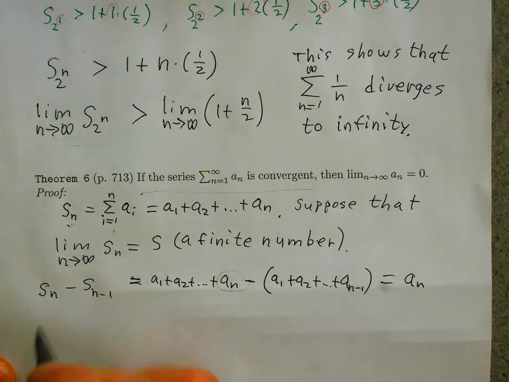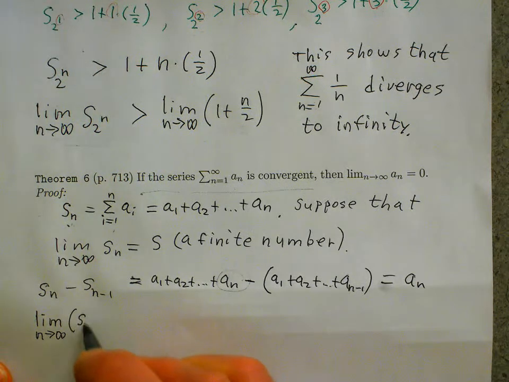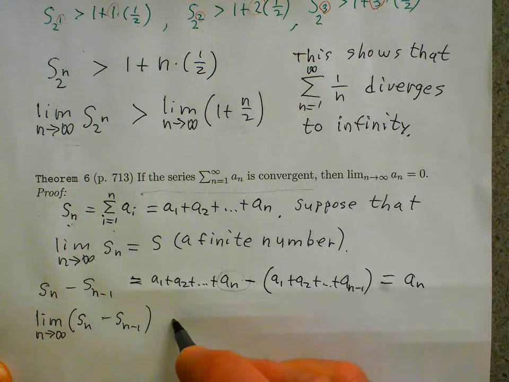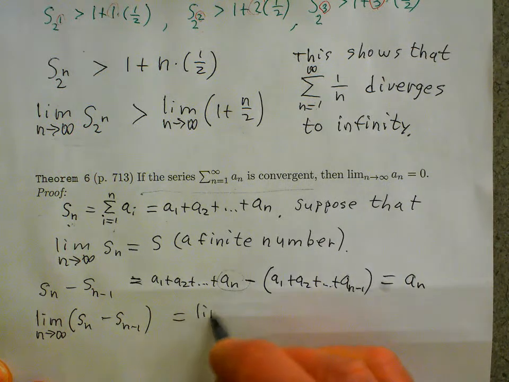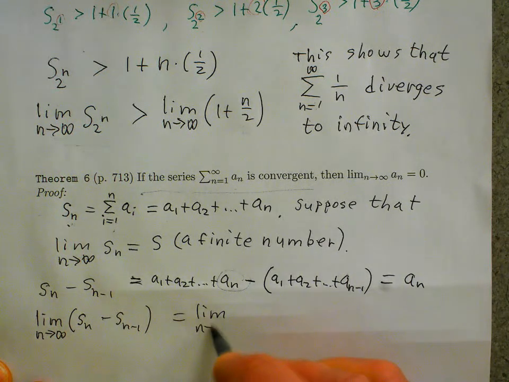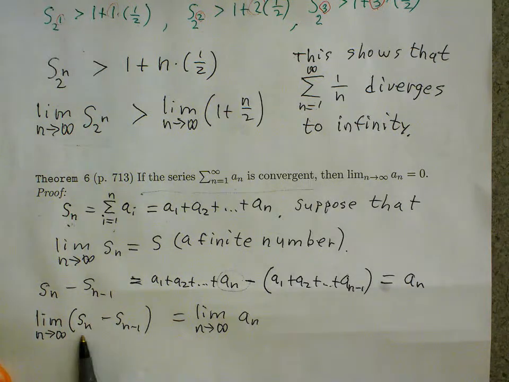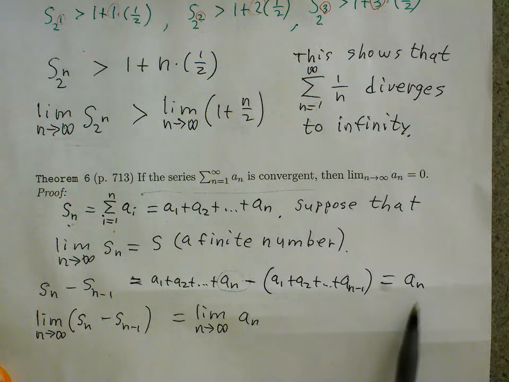Okay, so that means the limit as n approaches infinity of s sub n minus s sub n minus 1 has to be the limit as n approaches infinity of a sub n, because s sub n minus s sub n minus 1 is a sub n.